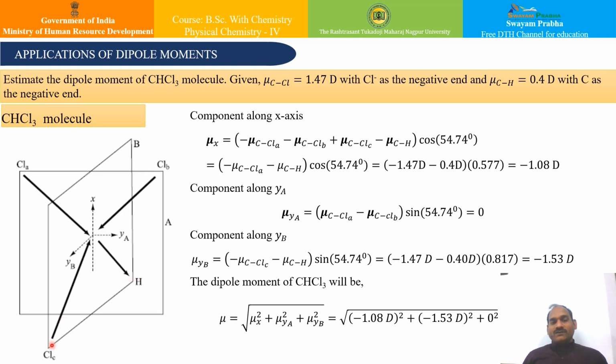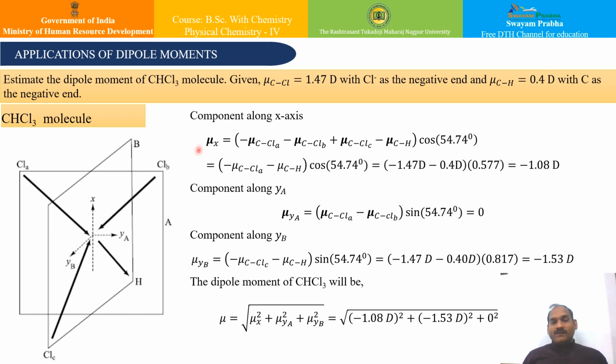Look at the direction of the carbon-chlorine bond: since the chlorine atom is at the negative end, this will be in this particular direction.